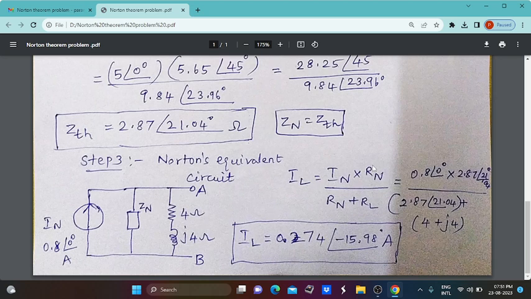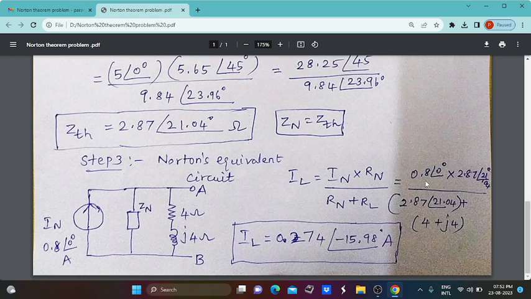That means instead of this RN Norton resistance, the Norton impedance should be taken, and for load resistance, 4 plus j4 is the load impedance value. So that value can be taken here. So the Norton current value is 0.8 angle of 0 degrees into the Norton impedance value 2.87 angle of 21.04 degrees, divided by the same value taken here, plus RL, which is 4 plus j4.